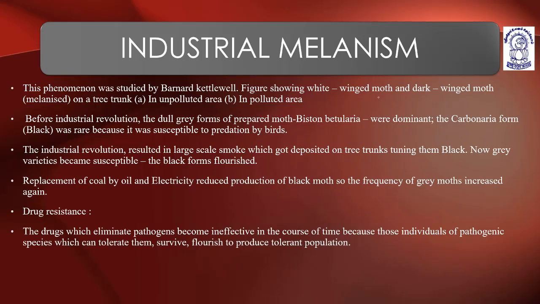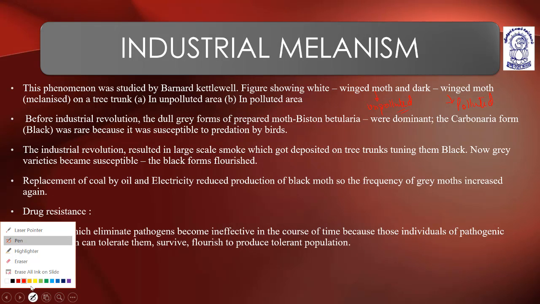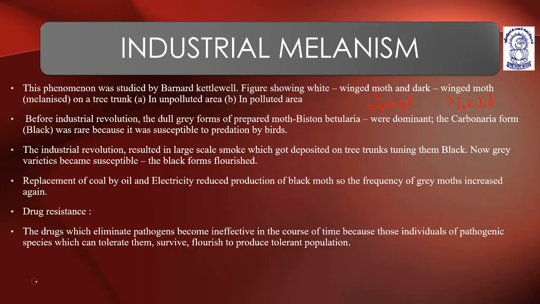The white-winged moth is in the unpolluted area, and the dark-winged moth is in the polluted area. Understood? In the unpolluted area, white wings have the required amount of melanin production, and in the polluted area the moth is dark-winged because of more melanin production.